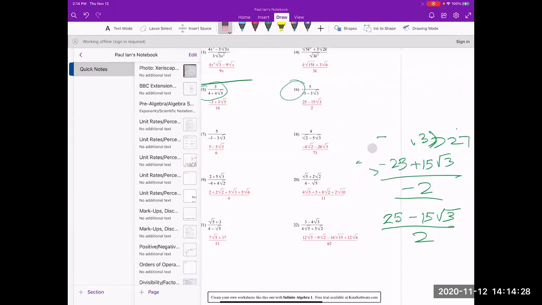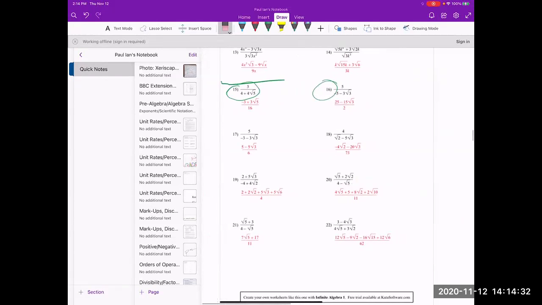Let's do more of this actually, because this is something different. So let's do 17. What's the very first step? Multiply it. By what? 2. The bottom, right? Oh, yeah. So what am I supposed to write here?